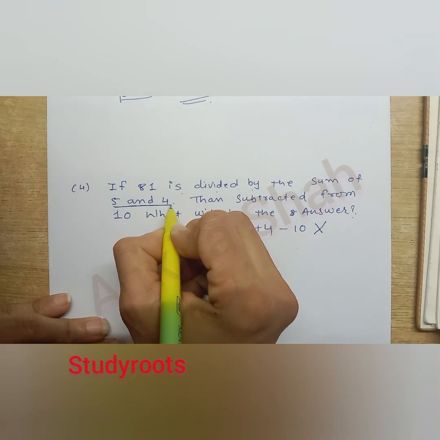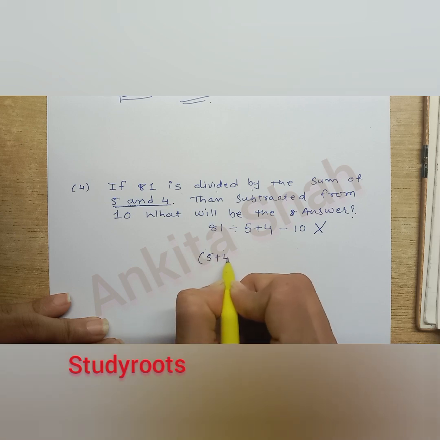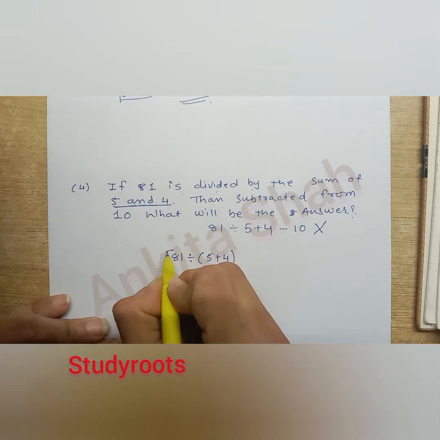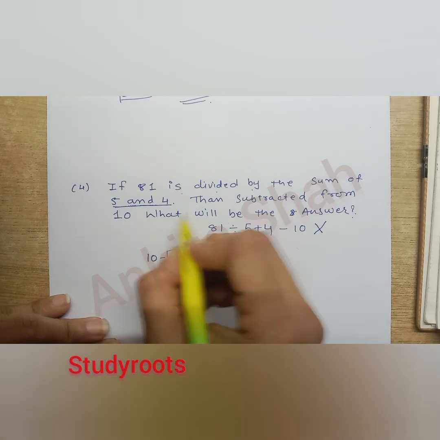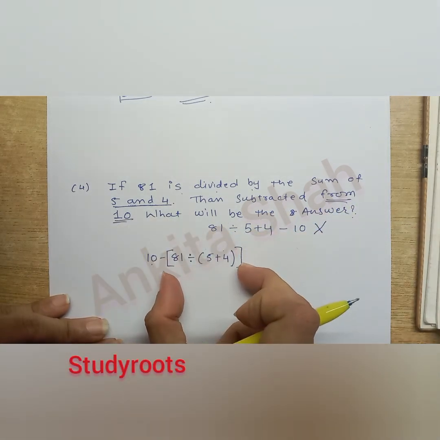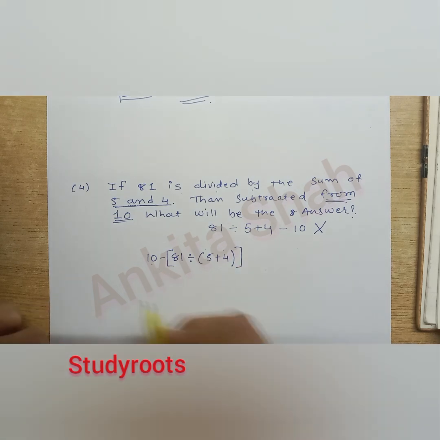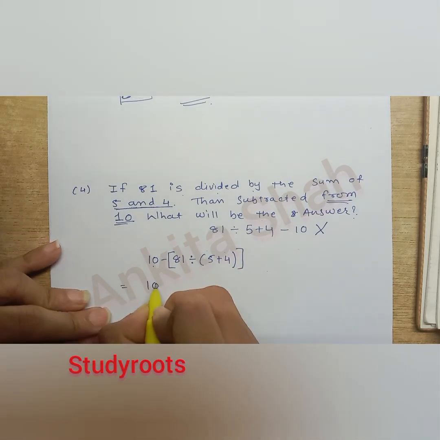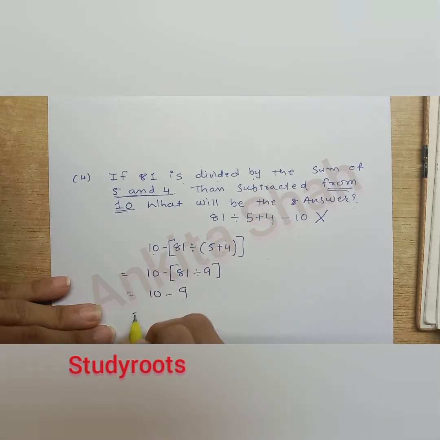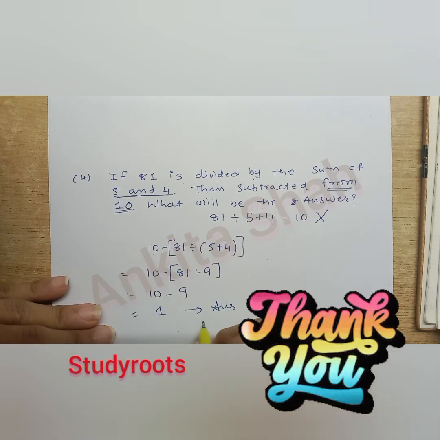Here it is said the sum of 5 plus 4, so 81 is divided by the sum of 5 plus 4, and then the whole thing is subtracted from 10. So 10 minus 81 divided by 9, 10 minus 9, which is 1. Answer.